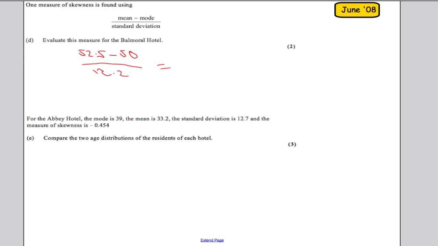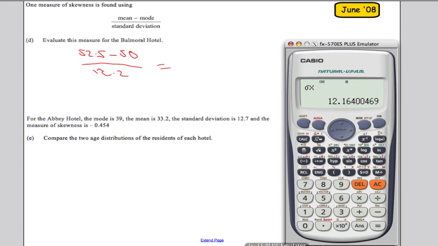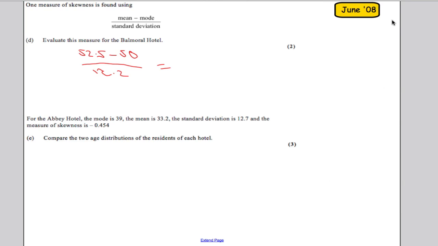So, taking it to the calculator, 52.5 take away 50 is simply 2.5. 2.5 divided by 12.2 is 0.205 to three significant figures. So that's the measure of skewness, which is a slight positive skew.